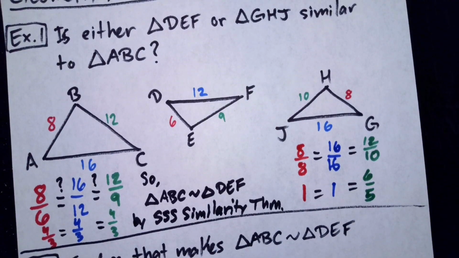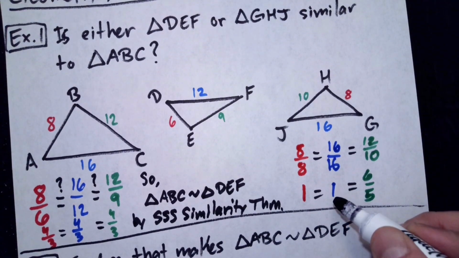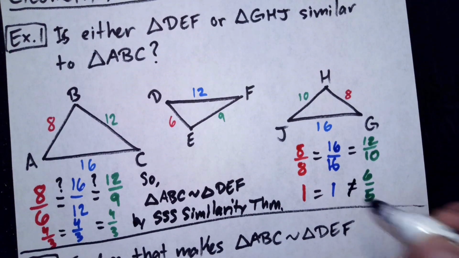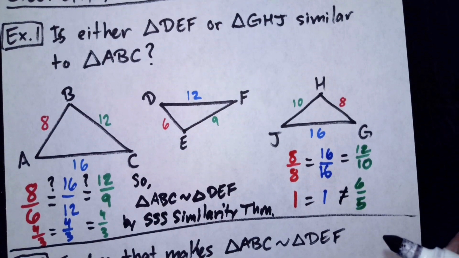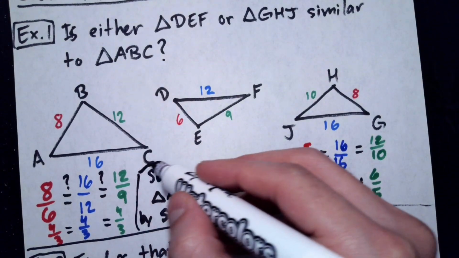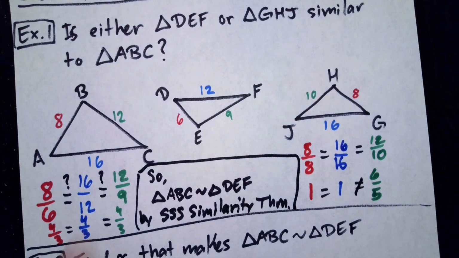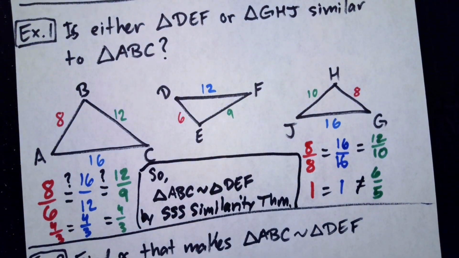And so because 1 is equal to 1, but this one over here is not equal to 6 over 5, that means that those two triangles cannot be similar. And so we confirm that this right here needs to be our answer. This triangle and this triangle are similar.